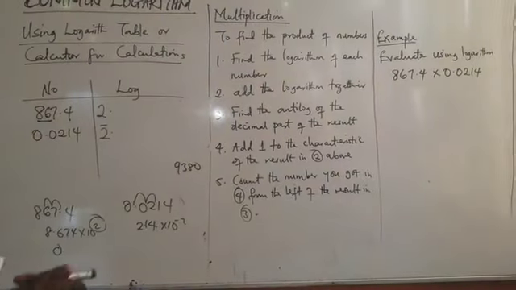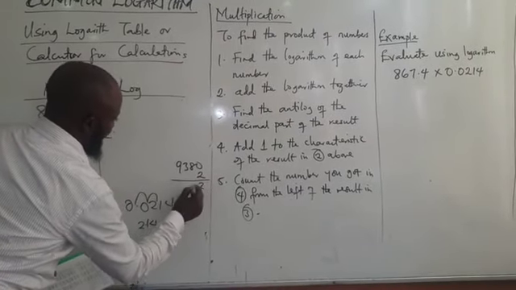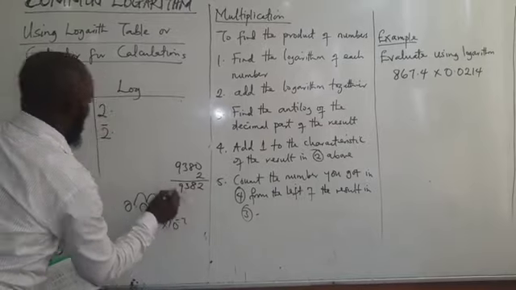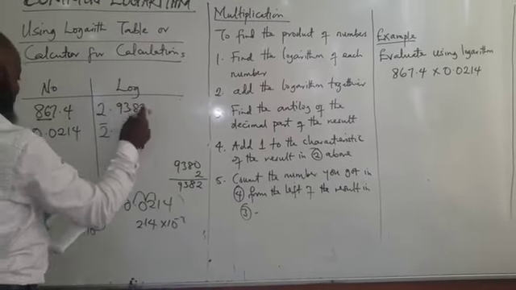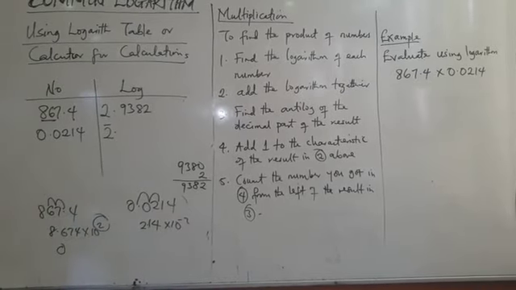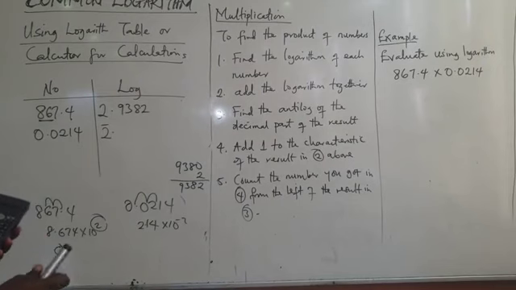That's where my hand is: 1, 2, 3, 4, which is 2. So we are going to add 2 to the last digit we have here. This will be 9382. So what we are going to have here is 9382. That is that. Now let's see how we can use a calculator to get it. The same thing will be done.